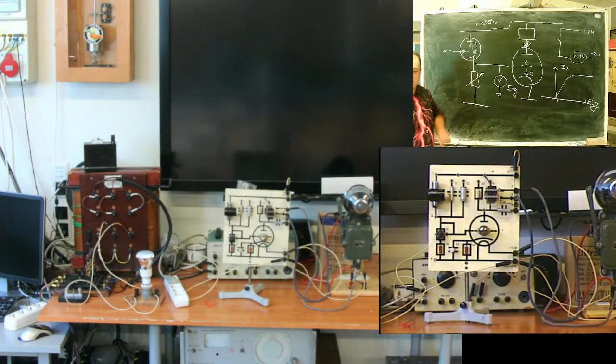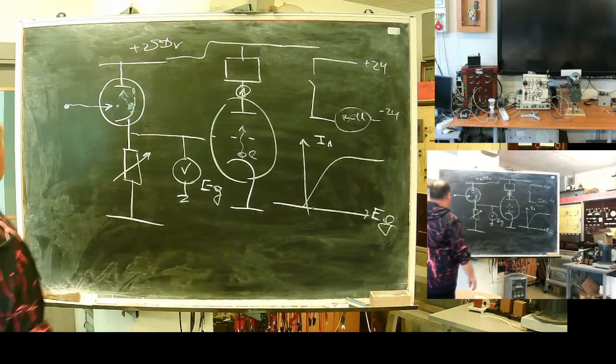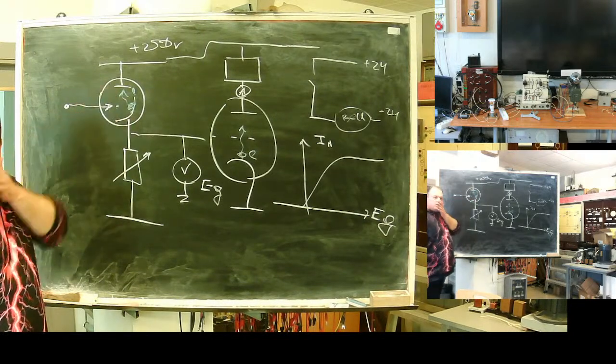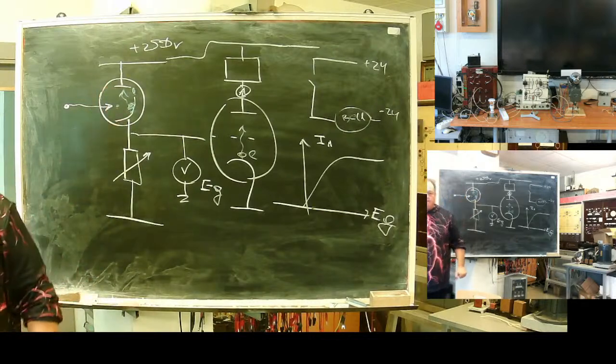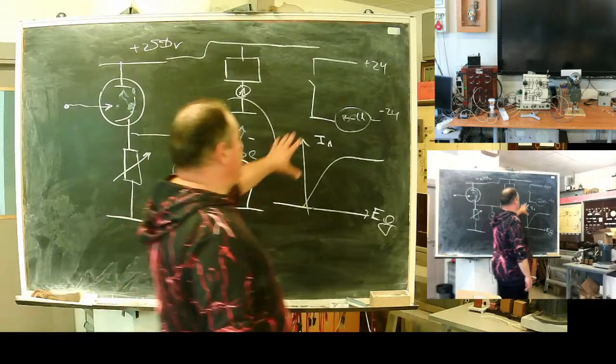The intensity of light necessary to trigger the relay. Take a look at what I have at the input: analog light intensity. What's at the output?